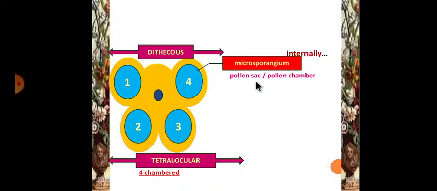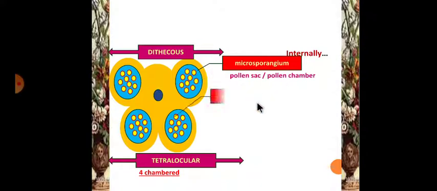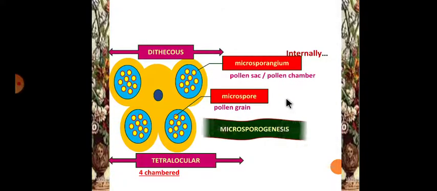Microsporangium can also be called a pollen sac, or a pollen chamber. Inside each microsporangium, see here, all the four microsporangia have individual units, and they are called microspores, which can also be called pollen grains.